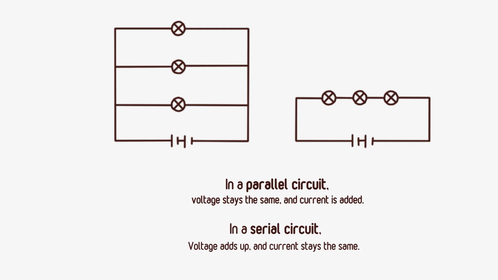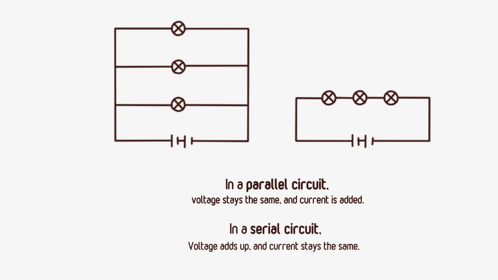So to jump in, the two primary circuits. Basically, a circuit is just a way to arrange different devices in the context of solar. It's a way to arrange different panels or charge controllers, different devices, different objects that either emit, transmit, or change electricity.